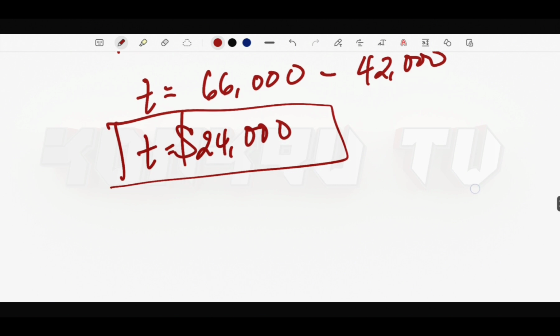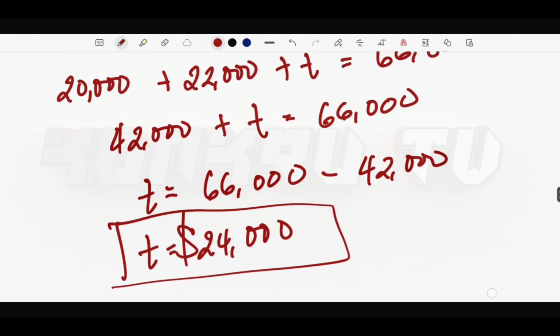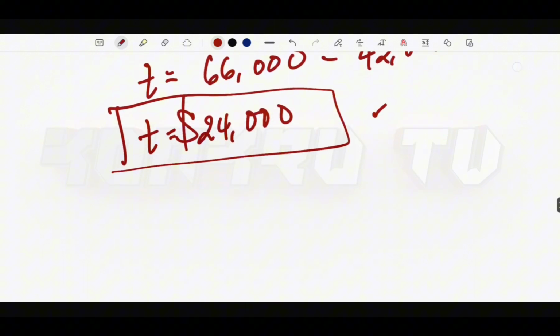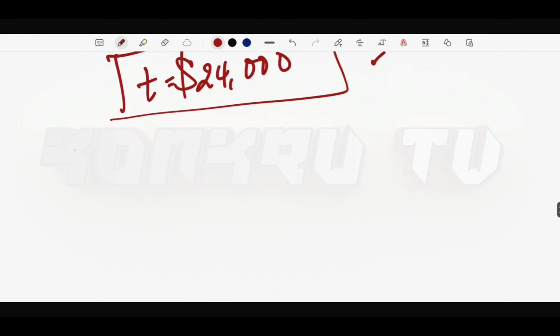Okay. So, i-check natin. Kung i-check natin yan, 24,000 plus 20,000 plus 22,000, dapat mag-equal yan sa 66,000. Right? I-check natin.